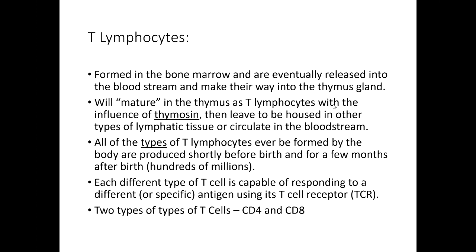The CD cluster differentiation is a marker, another one of those cell markers that we referred to in review 1 for part 2. So again, we have T cells. It's going to be the most numerous of the circulating lymphocytes. They're going to mature and differentiate in the thymus, and then they're going to move back out to the blood as either a T4, which has a CD4 marker on it, or a T8, which has a CD8 marker on it.